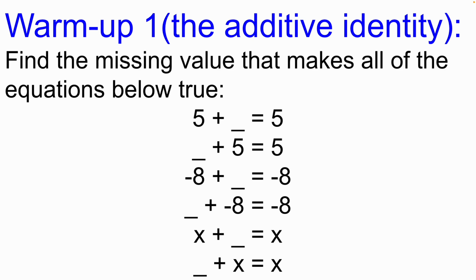Okay, hopefully that's enough time. And what we should see is that 5 plus 0 equals 5, 0 plus 5 equals 5, negative 8 plus 0 equals negative 8, 0 plus negative 8 equals negative 8, x plus 0 equals x, and 0 plus x equals x.